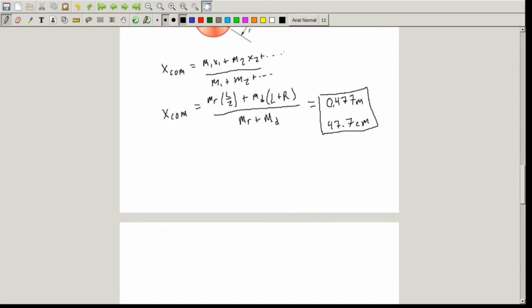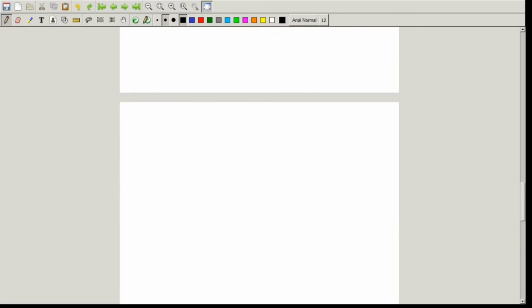Finally, for part C, we need to find the period of oscillation for this pendulum. So the equation for period of oscillation for a physical pendulum is the period equals 2 pi times the square root of the rotational inertia of the pendulum divided by the total mass of the pendulum times acceleration due to gravity times h, which is the distance from the pivot point to the center of mass of the pendulum.